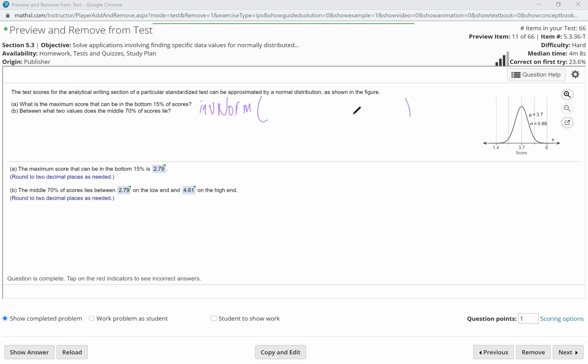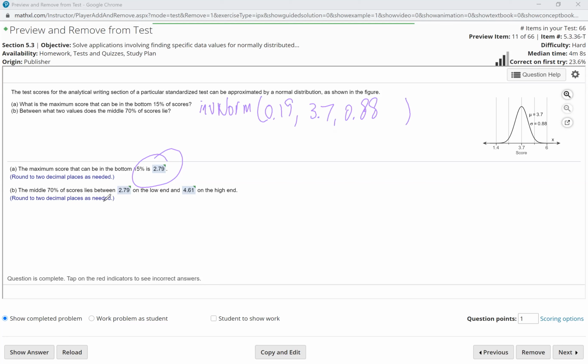All right. I need area to the left at the bottom of 15%, so it will be 0.15. And here you don't put 0 and 1 because he gives you a mean and a standard deviation. It will be 3.7 and 0.88. So you get this number.